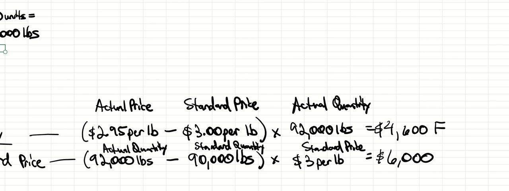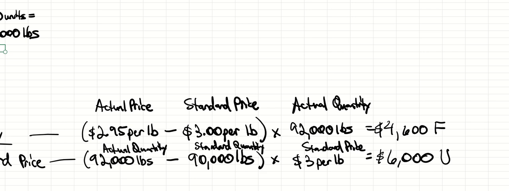Since the actual quantity that was used in production is more than what was budgeted for, which is our standard quantity, this variance of $6,000 is going to be an unfavorable variance, because what actually occurred was more in cost than what was expected for the company to produce.